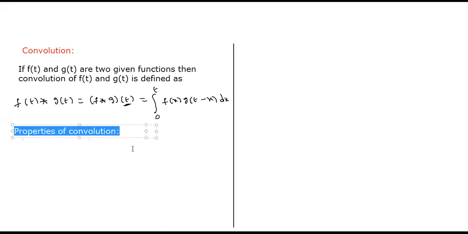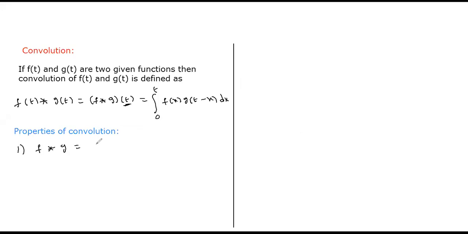What are the properties of convolution? The first property says f convolution g is equal to g convolution f.